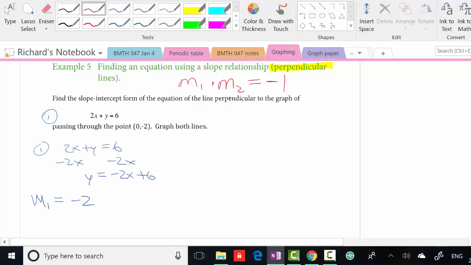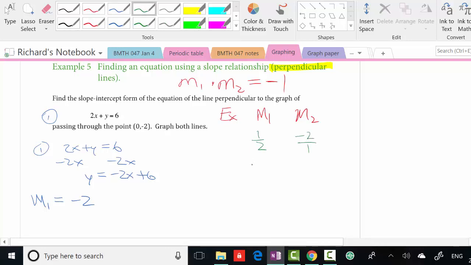In practice, this means, here are some examples. If the first slope is 1/2, the second slope will be minus 2 over 1.